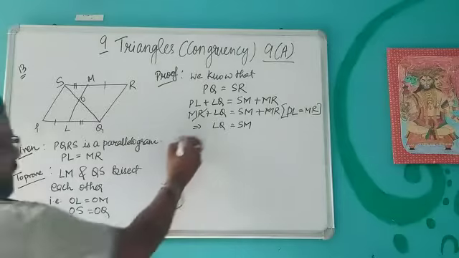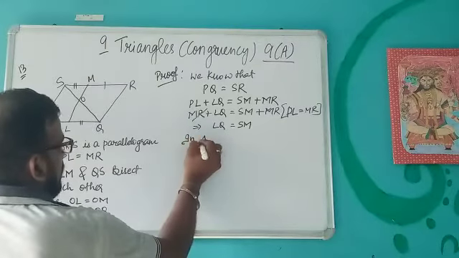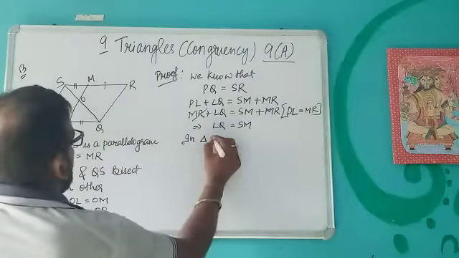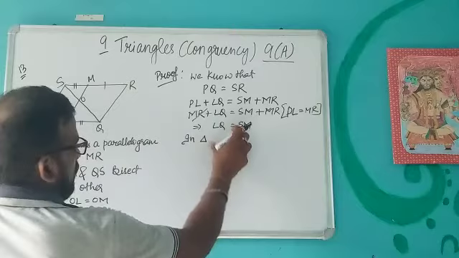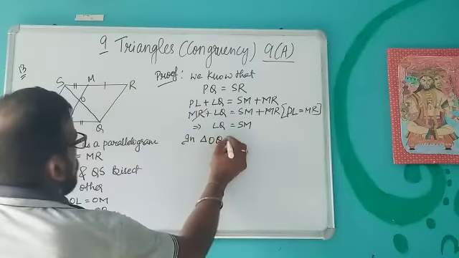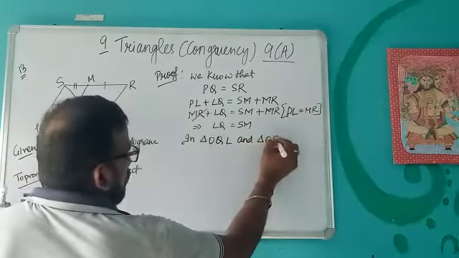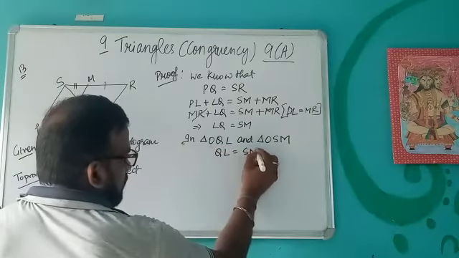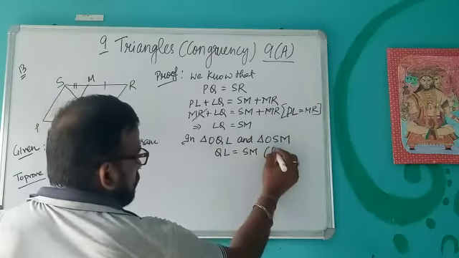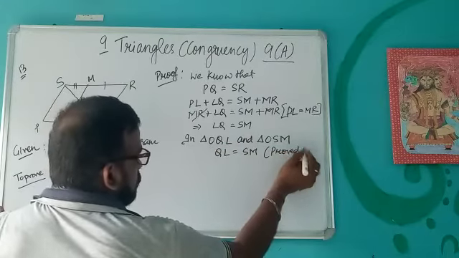Now we will take the triangle. In triangle OQL and triangle OSM, I have taken the two triangles. So QL equal to SM, this we have just proved, so we will write as proved.